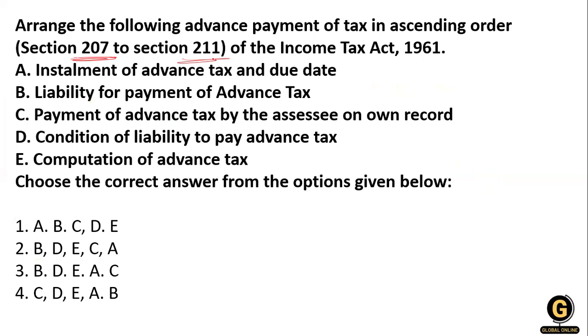B, liability for the payment of the advance tax. C, payment of advance tax by the assessee on record. D, condition of the liability to pay the advance tax. And E, computation of advance tax. The options are given, and we have to choose the correct option.